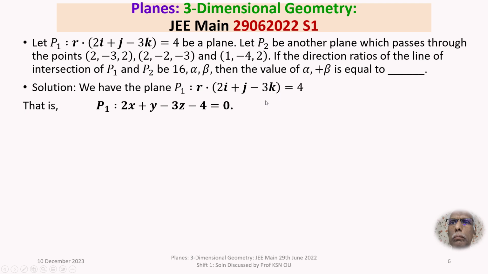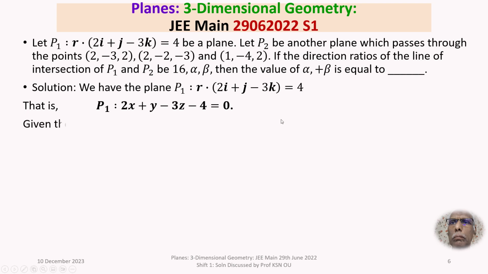After taking the dot product, it will be 2x plus y minus 3z is equal to 4. We write that 4 to the left hand side, so it is 2x plus y minus 3z minus 4 is equal to 0. That is the equation of the first plane.